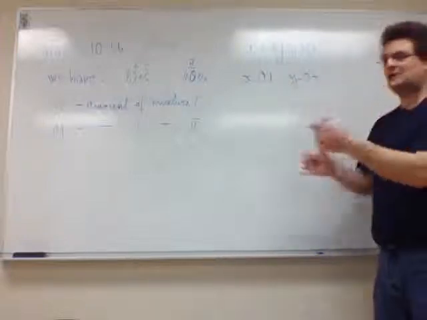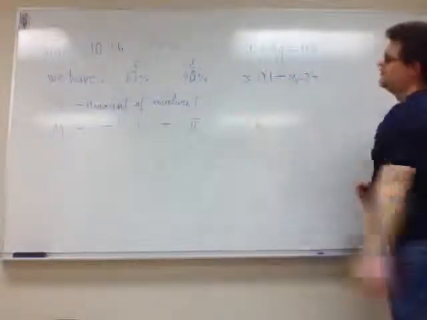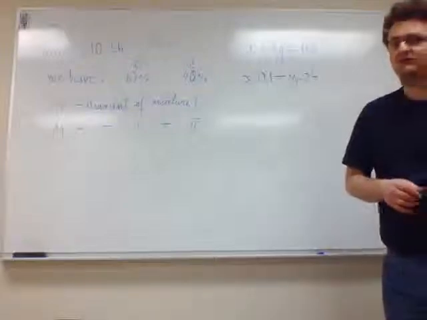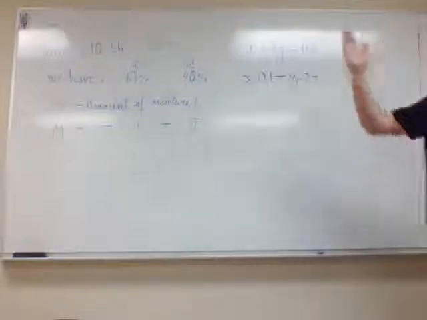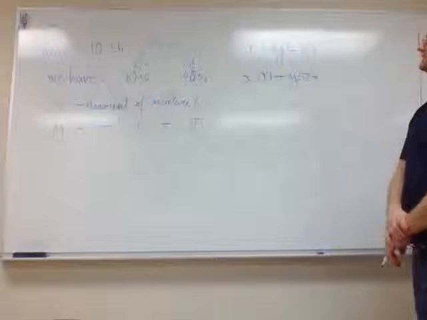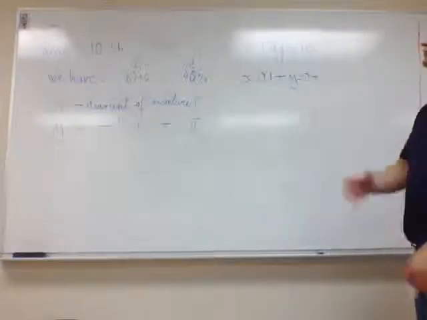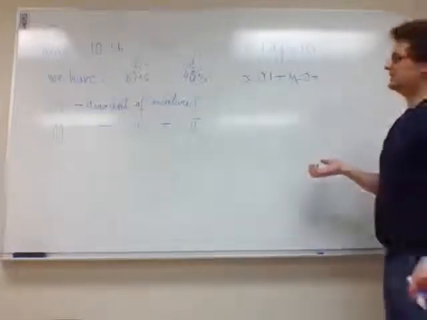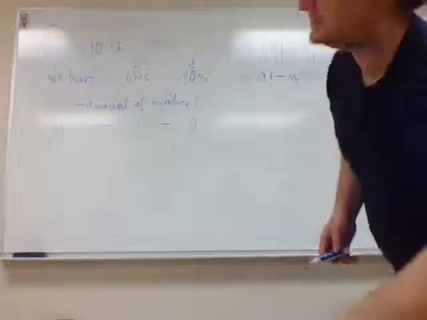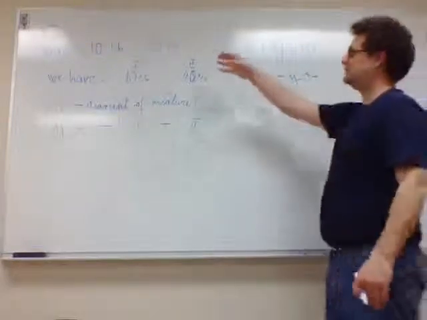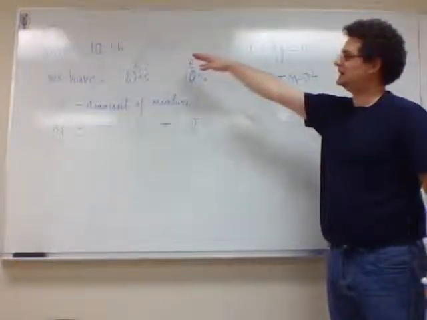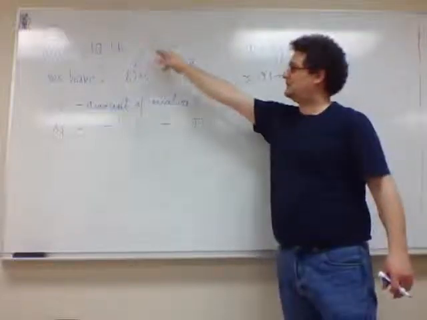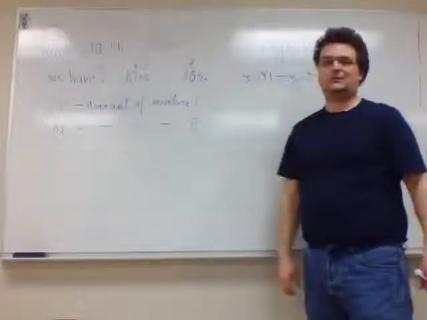So when you add them up, you are supposed to have the amount of peanuts that you will get as 25% of 10 pounds.